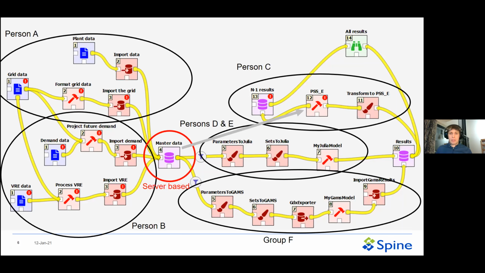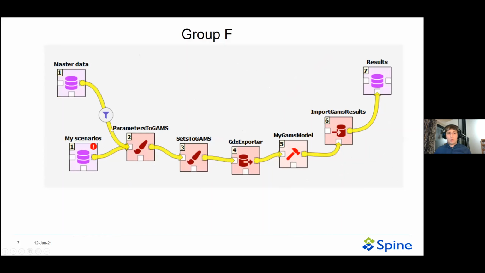So I'm taking just this group F here as a bit more of an example. It's using the master database, hooking up to that, but it doesn't need to see everything else going on if they're really focusing on this one model in this chain, how to make it better, how to improve the process there.